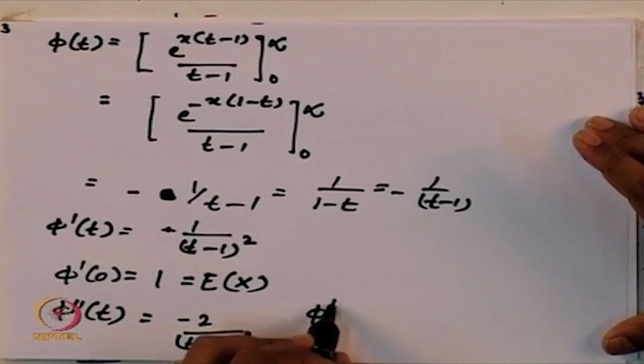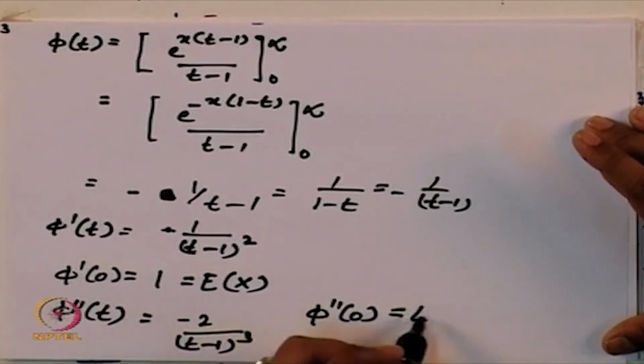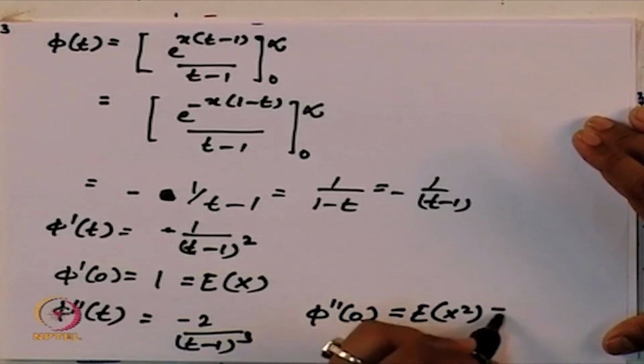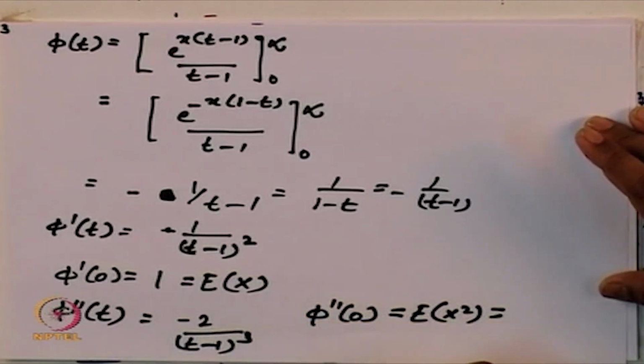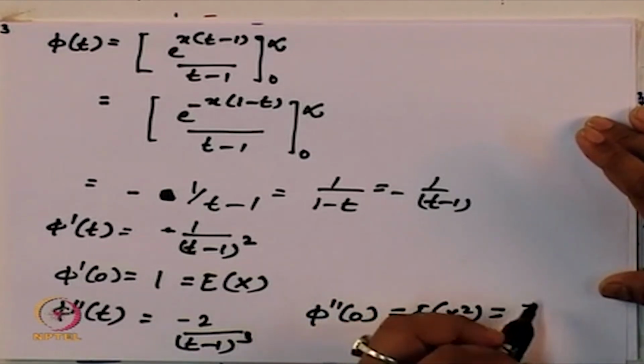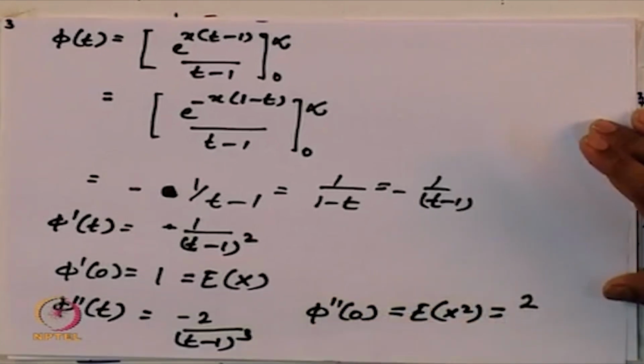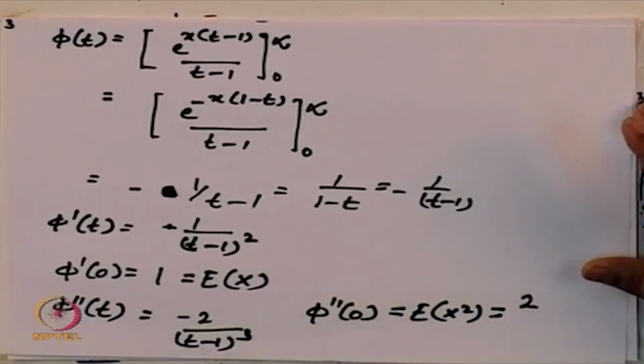So, phi double prime of 0 will return a value of 2.